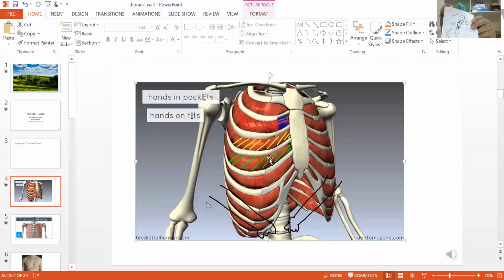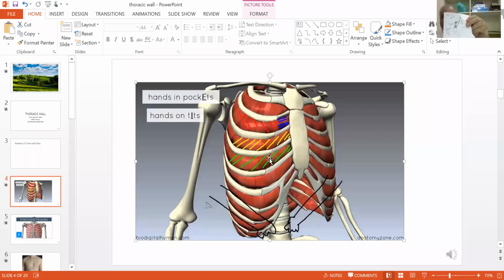And if you can clearly see the three dots, this is where the vein, artery and nerve lie. Usually this is asked in MCQs, that the intercostal vessels lie in a manner that they write in different ways. So this is VAN: vein, artery, and nerve. They lie in the costal groove, in between the middle and the innermost layer, the internal intercostal and transversus, right?